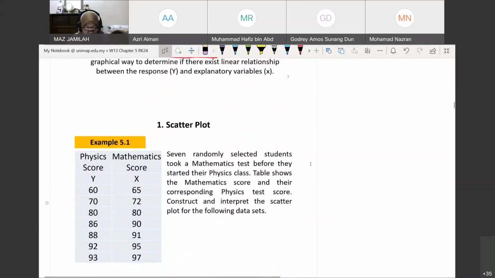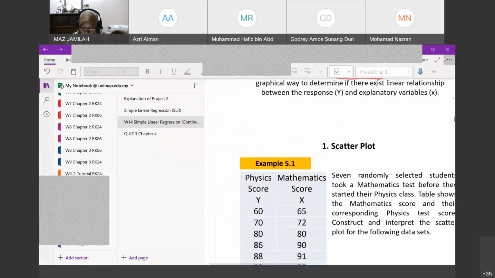Now, let's move to our example 1. 7 randomly selected students took a mathematics test before they started their 3-week class. The table shows the mathematics score and their corresponding physics test score. Construct and interpret the scatter plot for the following data set. Now, I wanted to show you how you can use Excel to help you out with your scatter plot.